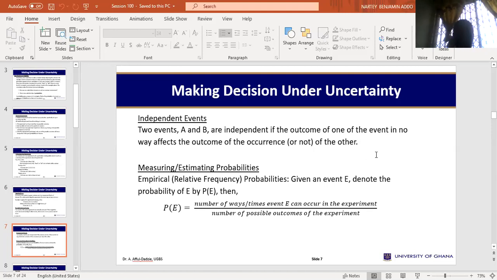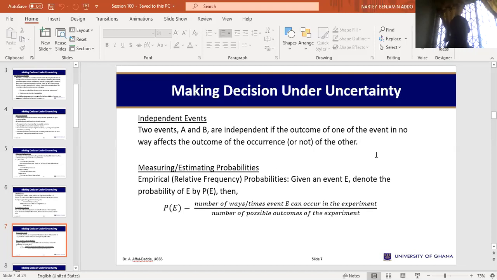Okay, so how do you measure probability? We have what we call empirical probability, or relative frequency. We measure probability by dividing the number of ways in which the event can occur over the total number of the sample space.